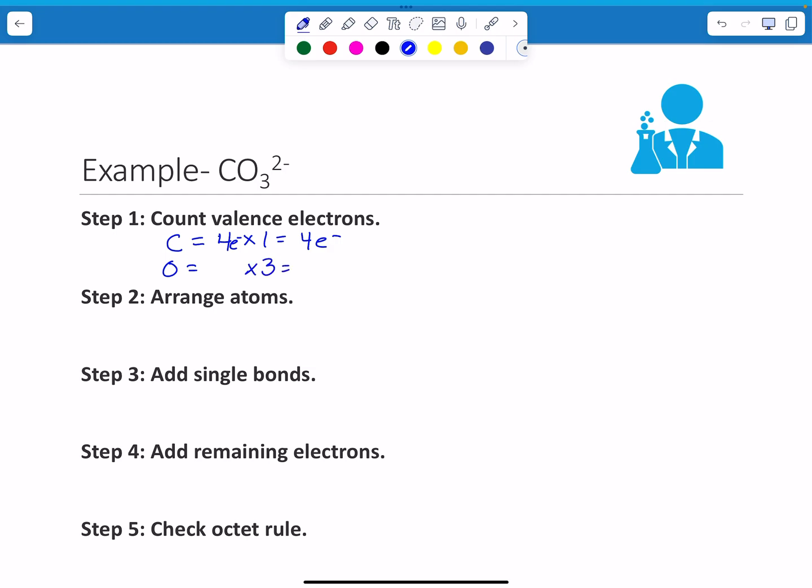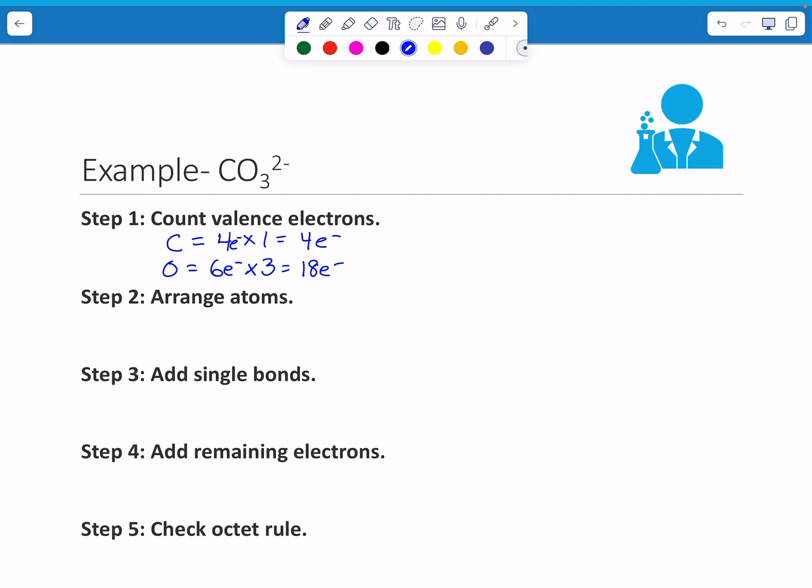Oxygen is in group 6, so those 3 oxygen atoms are going to contribute 18 electrons. Have I accounted for all of my electrons? Well, I've counted the number of electrons in a neutral carbon and a neutral oxygen, right?